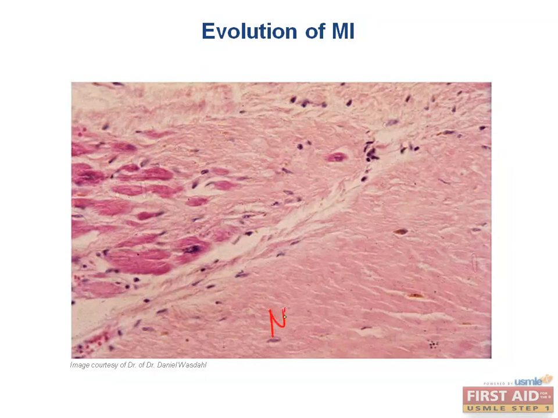Notice how there are no myocytes. There's just a bunch of collagen deposited. We know that collagenous tissue appears pink. Again, remember, that's what happens. They get cleared out and replaced with scarred fibrotic tissue. Do you think that this scarred tissue has any contractile ability? No, there is no contractile ability.